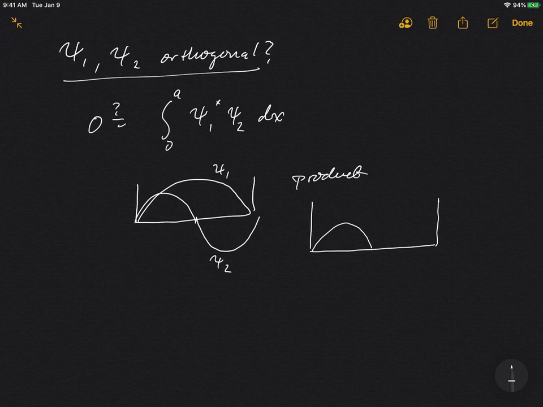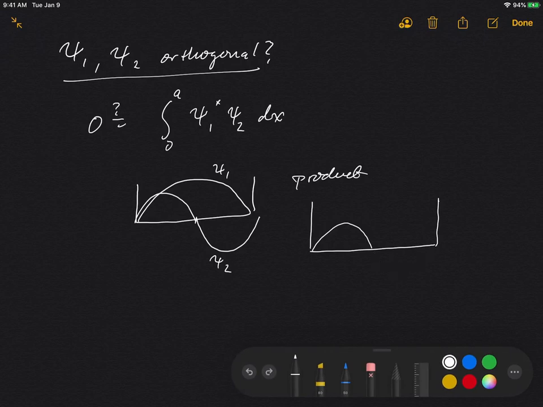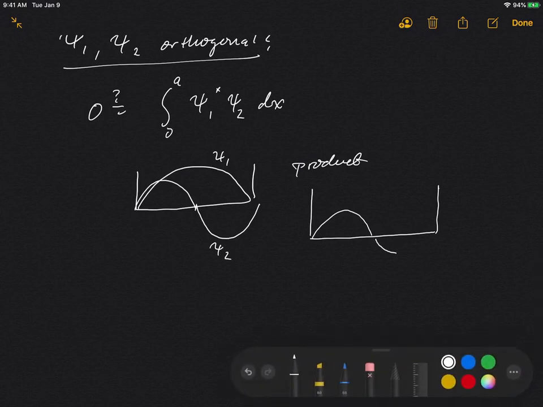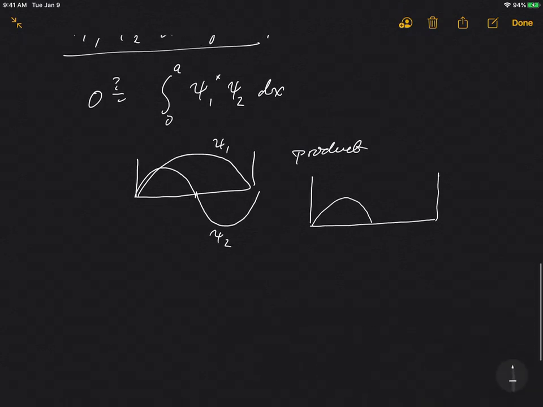So with that in mind, the product of these is going to look very similar to psi 2. Since psi 1 is positive everywhere except the edges, and psi 2 is also 0 at the edges, the product is going to be a little bit skewed, but it's going to look very similar to psi 2 in the overall shape. The magnitude is going to be a little different, but the overall shape of the wave is going to be similar.